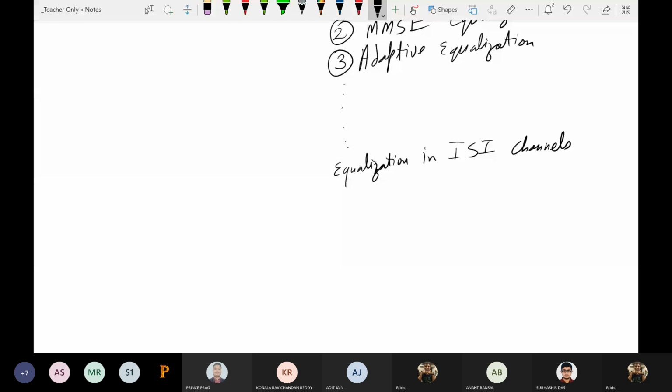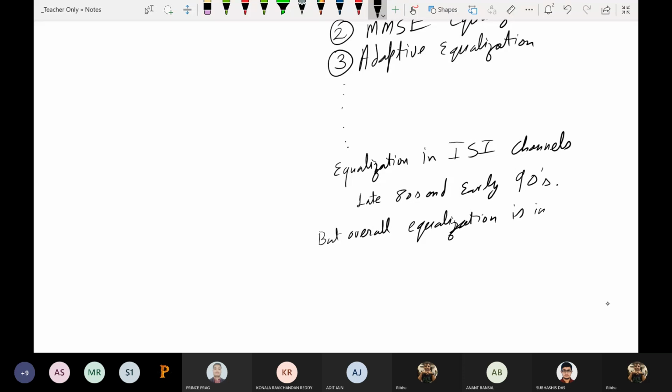So this was a pretty active area in the late 80s and early 90s. But overall, equalization is inconvenient.